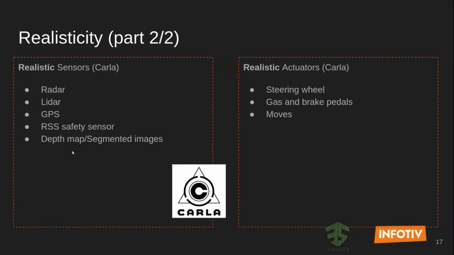Is it a road? That's called segmented images. And this RSS is a safety sensor, which tells you how well the car is driving within the road. Basically, it gives the car a point for how well it's driving.